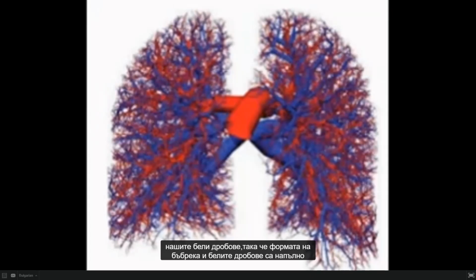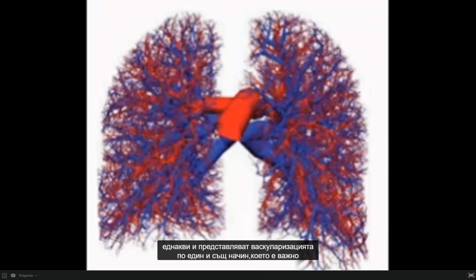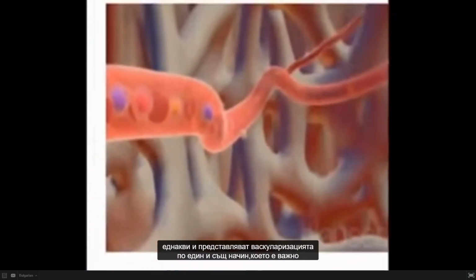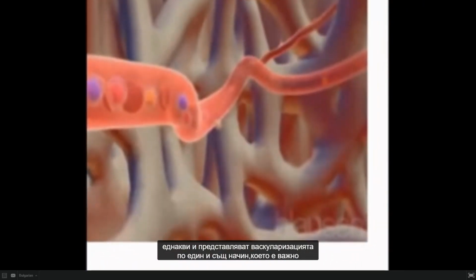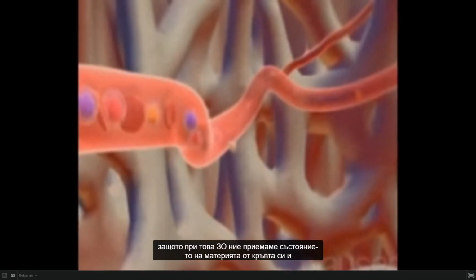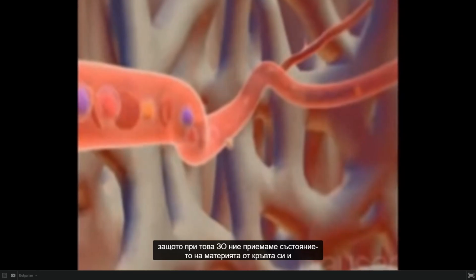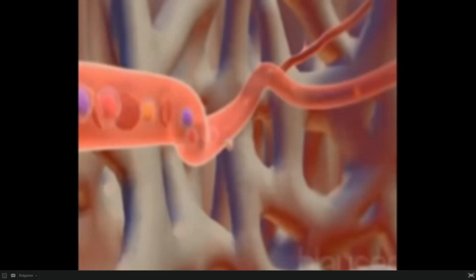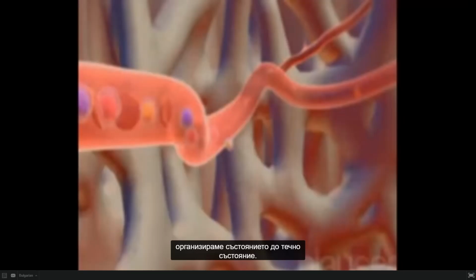So the shape of the kidney and our lungs are completely the same, and the representation of vascularization is in the same way. What is important, because in that structure we accept the state of matter from our blood and organize the matter into the liquid state.